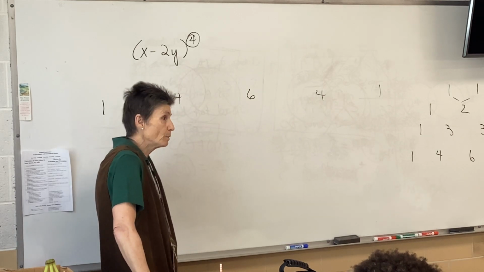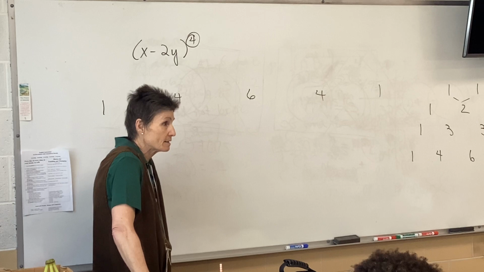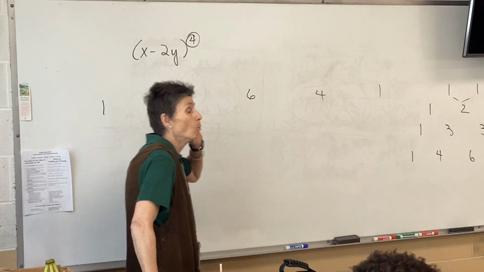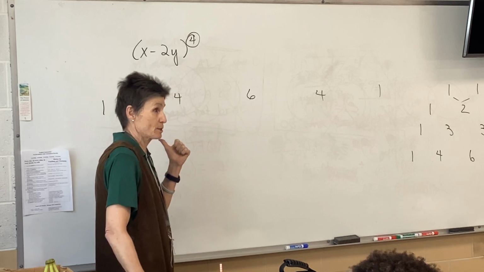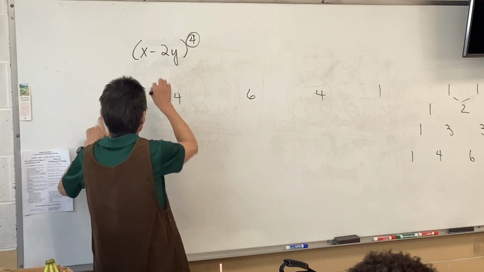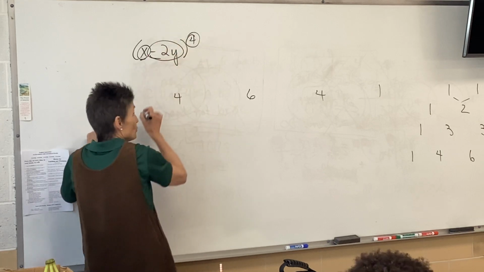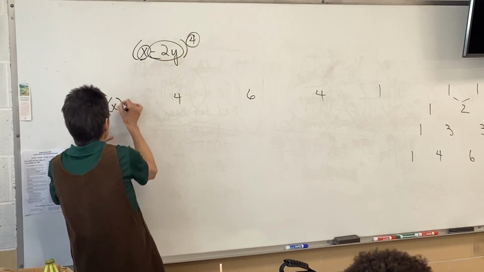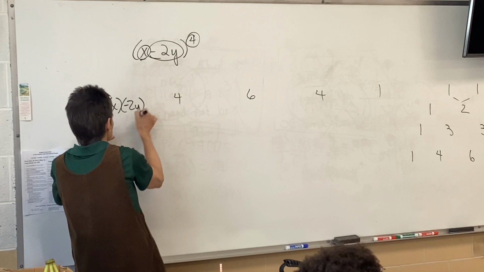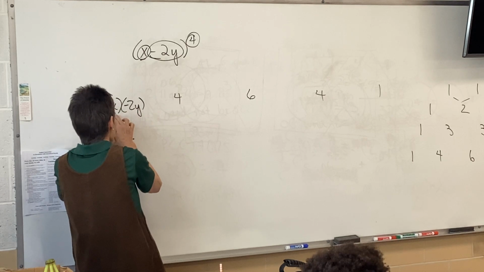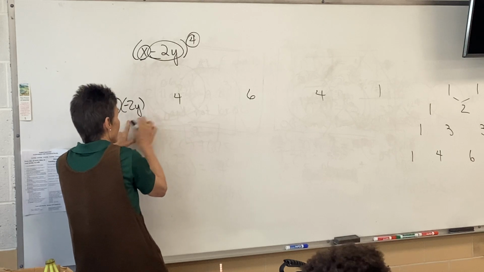Now, who remembers what we do next? Count down variables. Well, but first, let's get the variables in the problem. So first, I'm gonna go through, and I have an x and a negative 2y. So x, negative 2y, this is a multiplication, it is not a subtraction. It's x times negative 2y.